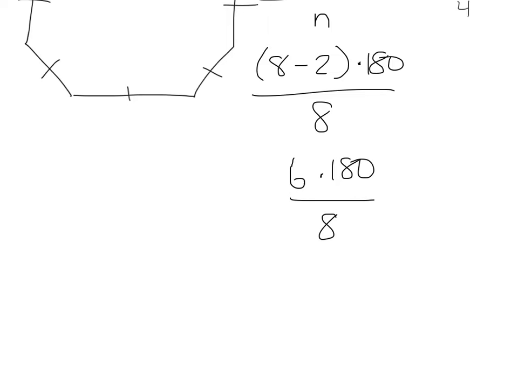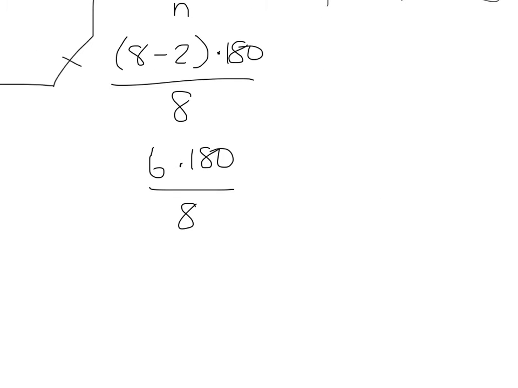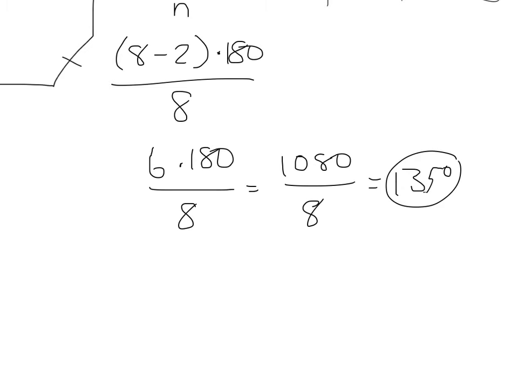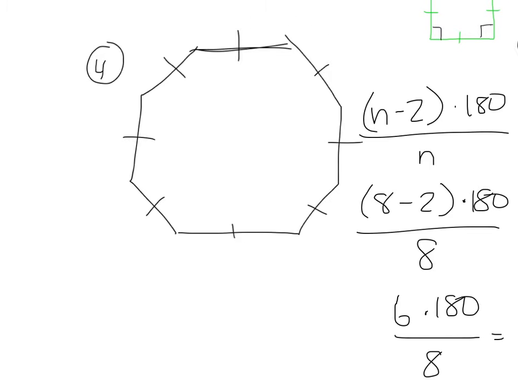Well, let's see, 6 times 180 is going to get you 1,080, divide that by 8, and 1,080 divided by 8 gets you 135 degrees. Okay, 135 degrees. So what is that? That is the measure of every single angle in that octagon.